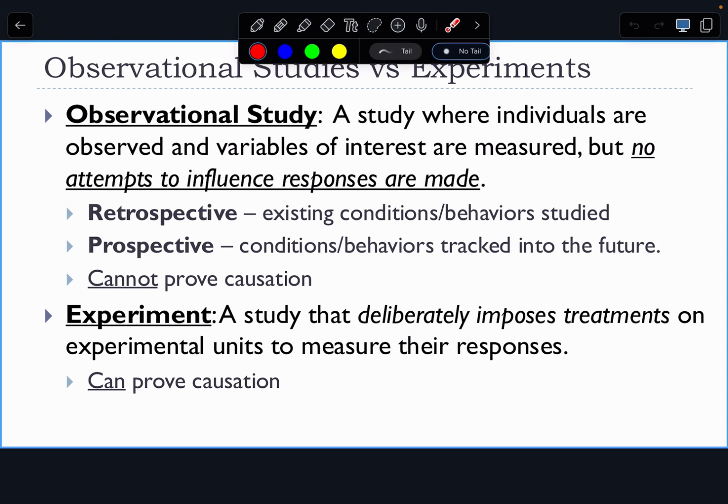Now the problem with observational studies is that we're not controlling the environment or imposing treatments, as we'll call them in a second. When I look at observational study material and they want to know about cause and effect, observational studies cannot prove causation.